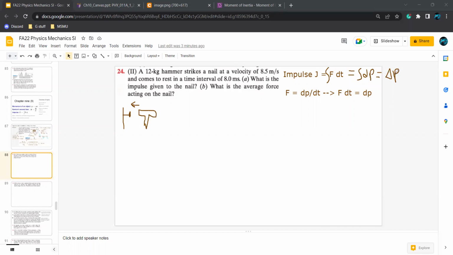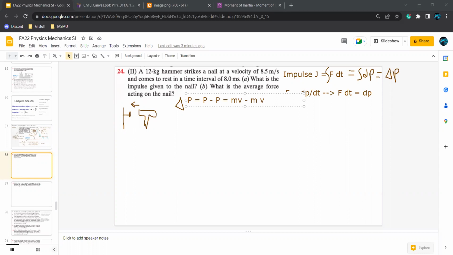Okay. Delta p is the final minus the initial, p final minus p initial, which is the same as M1 V1 minus M naught V naught.